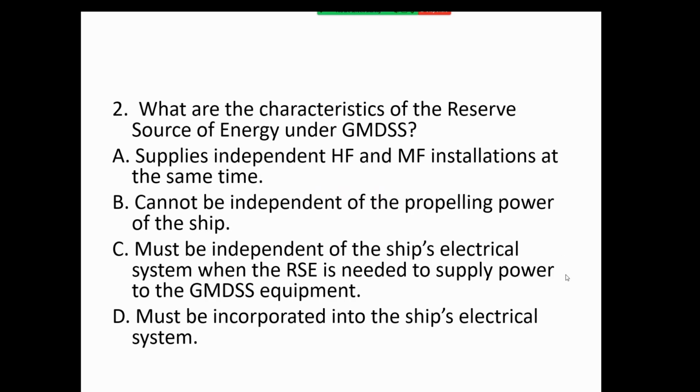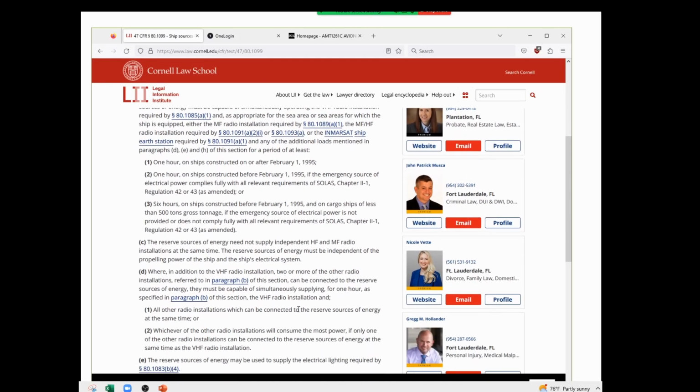So the characteristics of the RSE, is it A, supplies independent HF and MF installations at the same time? Well, actually, we saw that that was something that it specifically does not have to do. B, it cannot be independent of the propelling power of the ship. I might have skipped over that subsection, but I think it was C, yes.